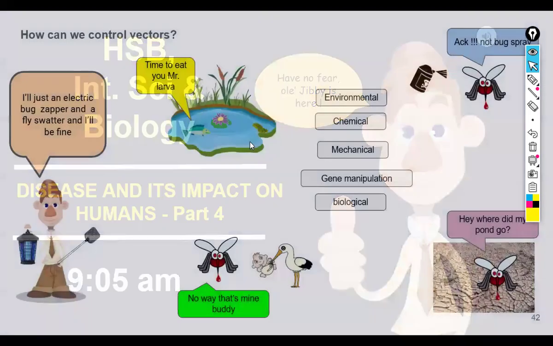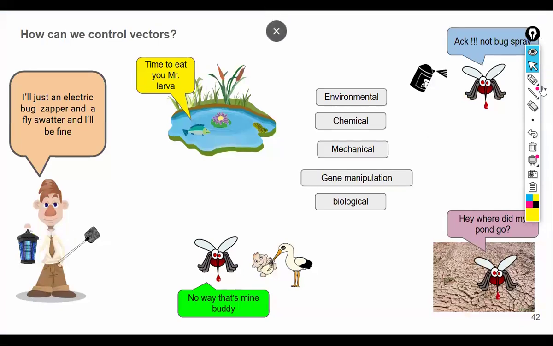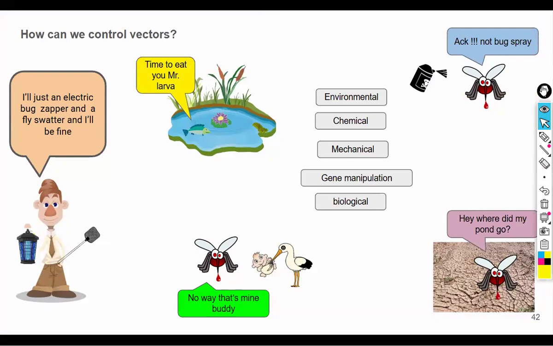So our starting point, since we were talking about vectors not too long ago, in case you can't remember: whenever they say a vector in biology, most of the time they're talking about something that can spread a disease. Mosquitoes obviously are vectors, because mosquitoes can spread disease to you. Other examples of vectors are roaches and rats.